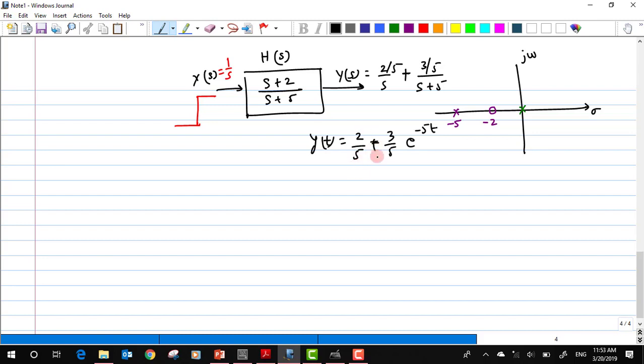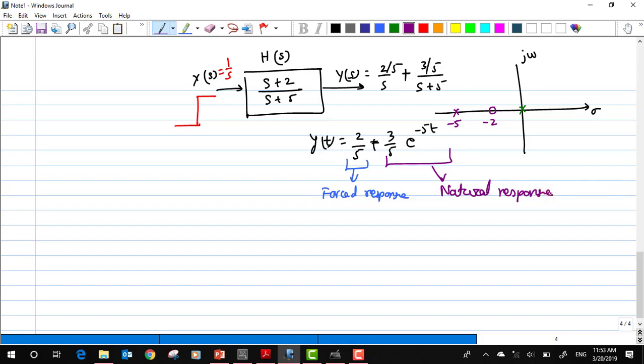Now when I look, can you tell me which is my natural response and which is my forced response in this particular expression? So this 2 by 5 is nothing but the forced response, and this entire term would be my natural response, right?